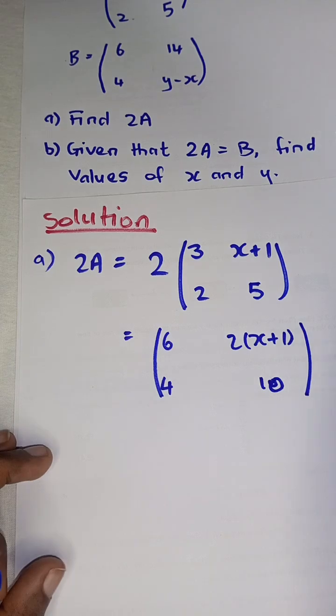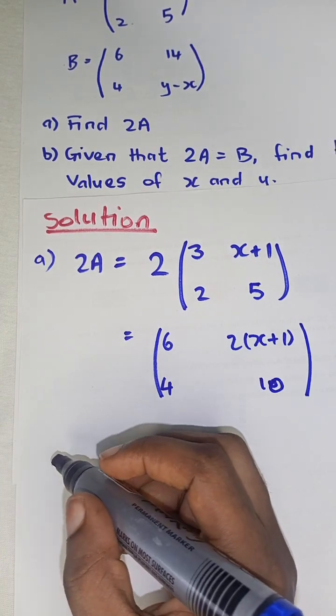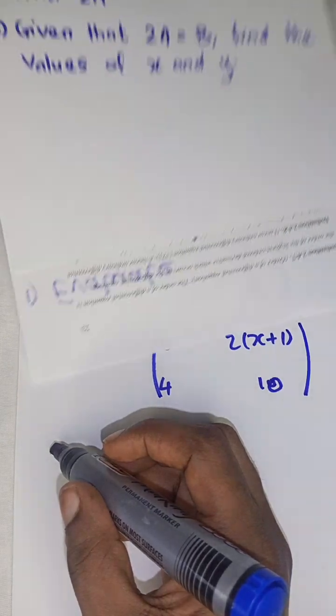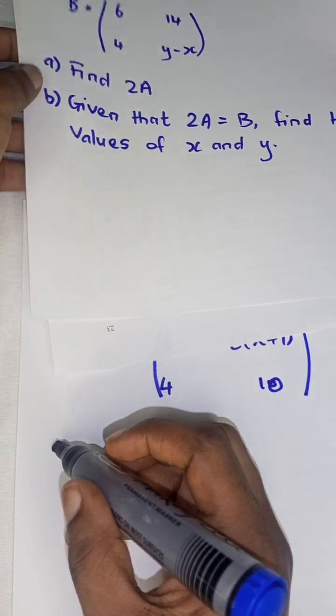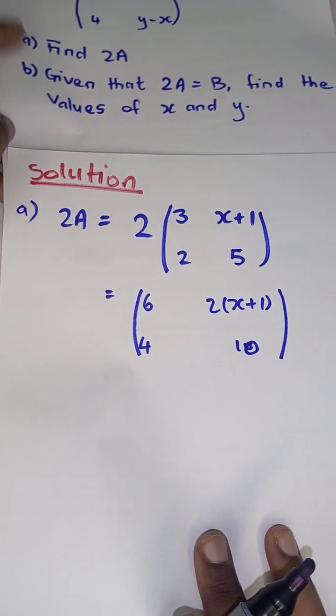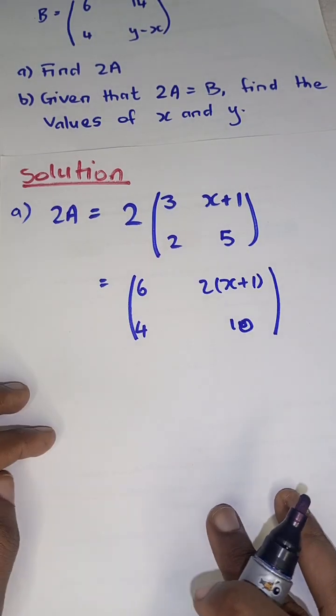The second part, we've been asked to find x and y, given that 2A is equal to the matrix B. So we are going to apply our knowledge of equality of matrices here. That's the concept being evaluated.